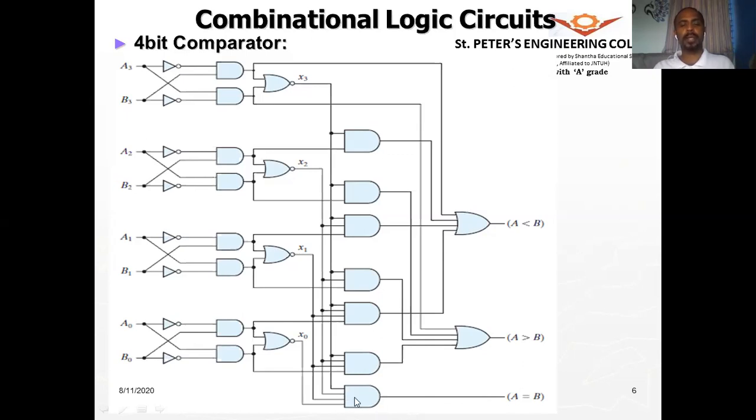So this is an AND gate which says that all the 4 inputs should be 1. Only then the output is 1. So we have realized the A equal B condition using XNOR and 4 input AND gate. Next, how do we say that A is greater than B?